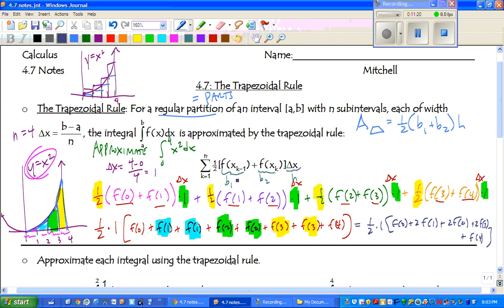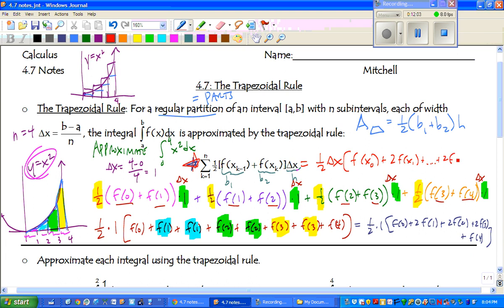So this is the pattern that we can use for these types of problems. Rather than writing all of this out, we can break it down. This sum is equal to 1/2, like we saw in our problem, times delta x, which we factored out, times f of x sub 0, the left end of the interval, plus 2 times f of x sub 1, plus 2 times f of x sub 2, and so on.